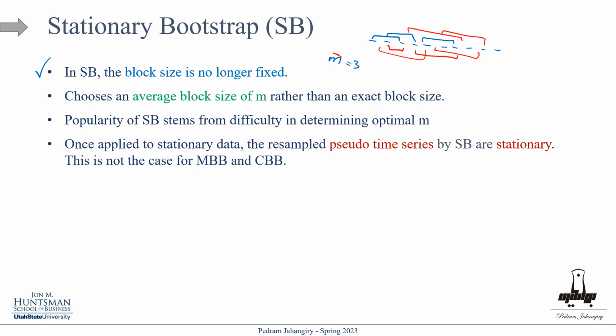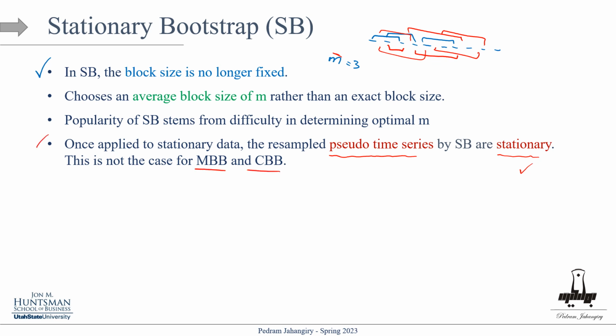And what makes it interesting is that if this stationary bootstrap is applied to stationary data, our resampled pseudo time series is going to be stationary. Remember, the bootstrap data is a synthetic time series, right? And this is very important, because that's not the case for moving block bootstrap or circular block bootstrap.